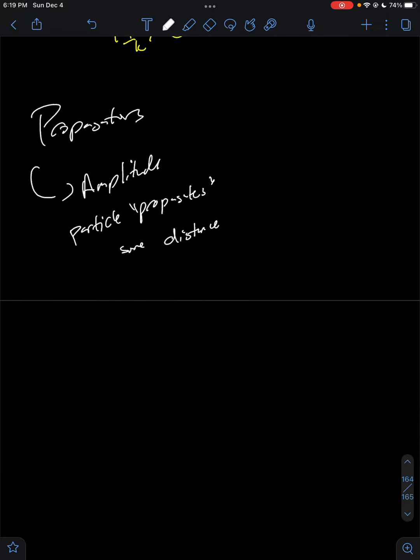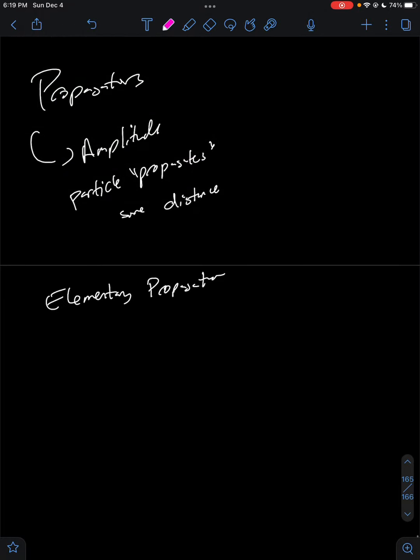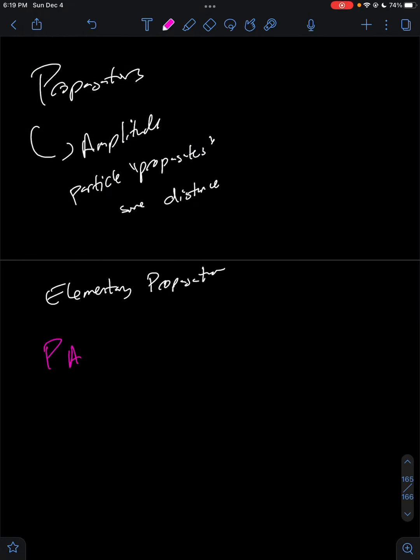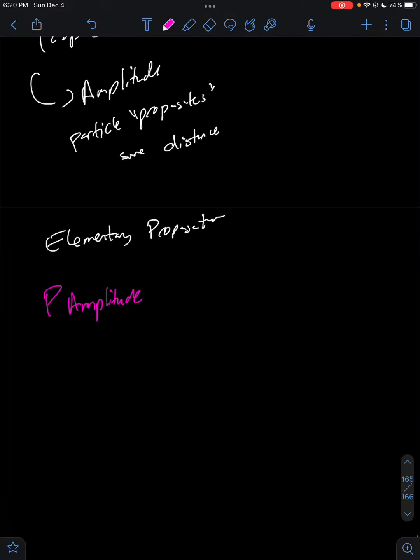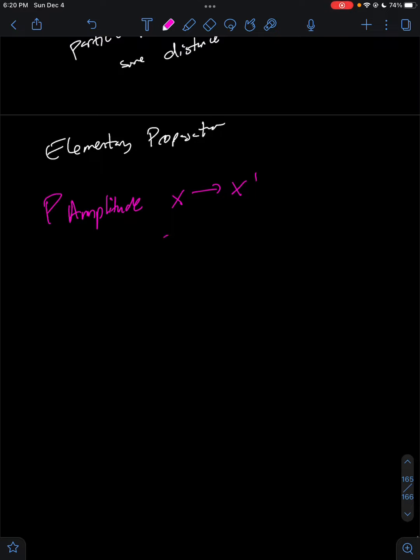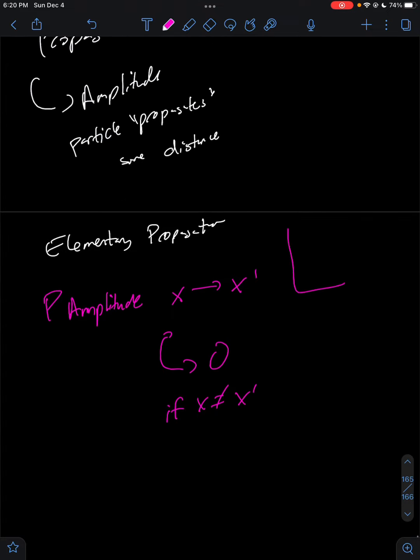And the elementary propagator tells us the probability amplitude that some particle propagates from x to x prime. We find out that that's going to be 0 if x does not equal x prime, or approximately 0, because again, it's going to decay but not strictly be 0.